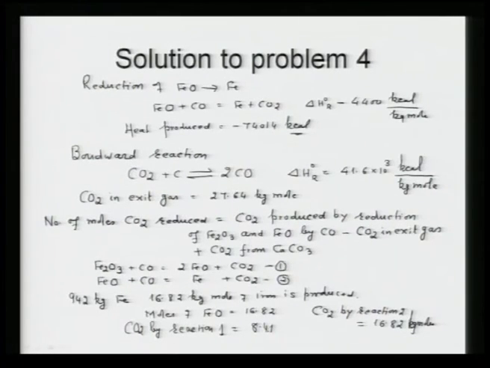So, now we are in a position to find out the moles of CO2 reduced by the Boudouard reaction. Straight away we substitute the values: 16.82 plus 8.41 plus 5.818. Do not forget the CO2 resulting from decomposition of calcium carbonate.